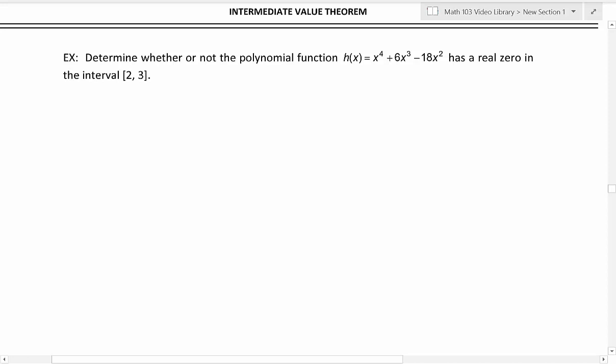If they have the same sign, it's going to be inconclusive. So let's find h(2). All you need to do is plug this in your calculator. h(2) gives us -8.